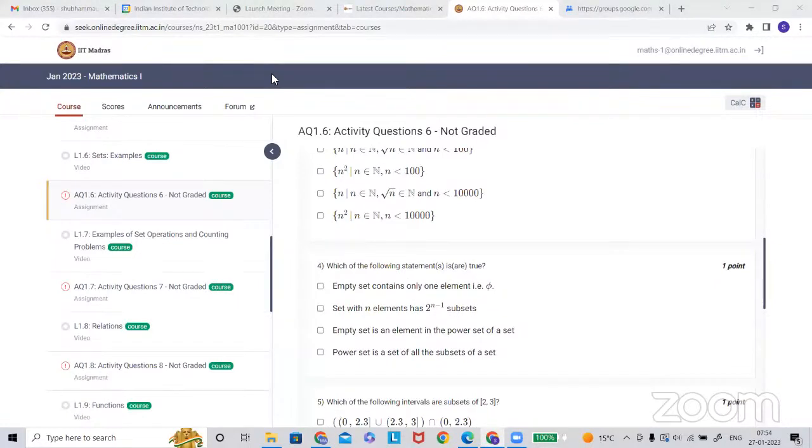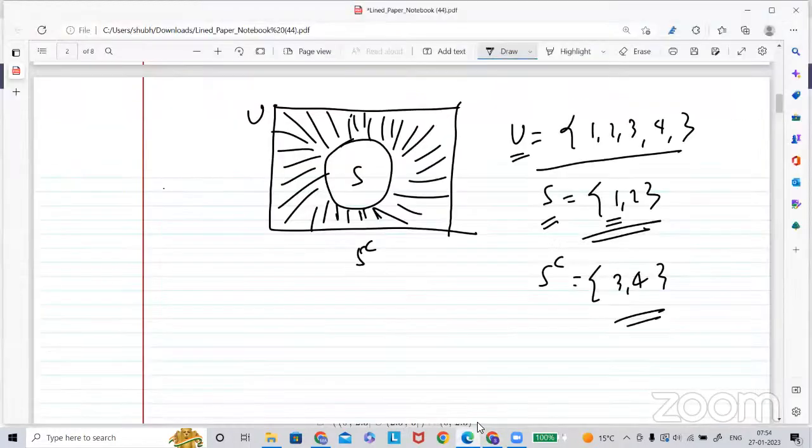Sorry, I have a doubt. Is it always necessary that the superset is greater than the original set, or can they be equal? Here, superset is the word used, and you are taking U as the superset, the universal set. What do you mean by greater?